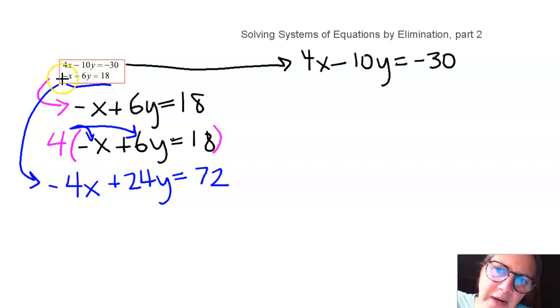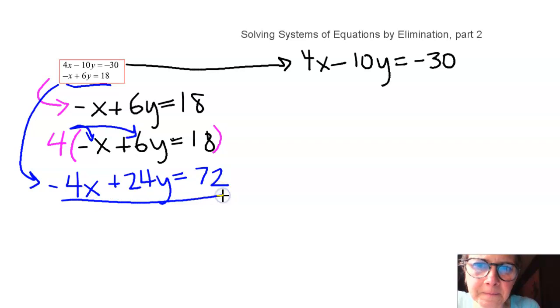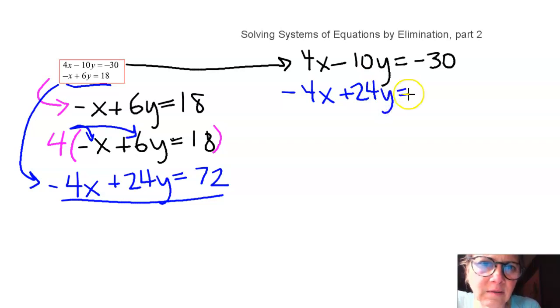Now that I've transformed this bottom equation into something that's actually going to work with me, I'm going to take that blue equation and write it underneath the one that I just wrote down. Negative 4x plus 24y equals 72.